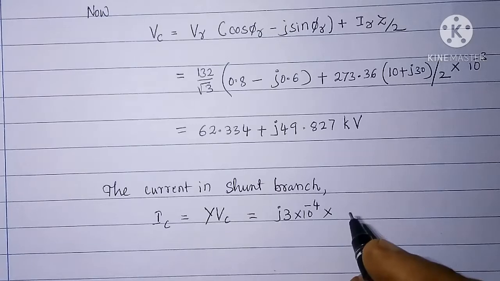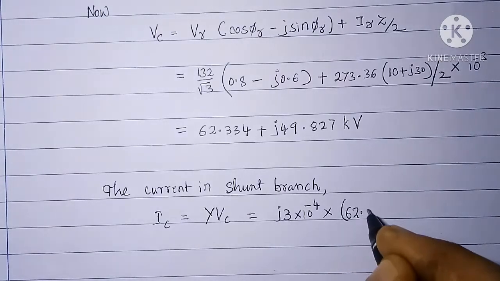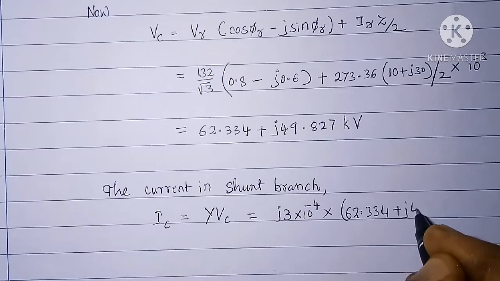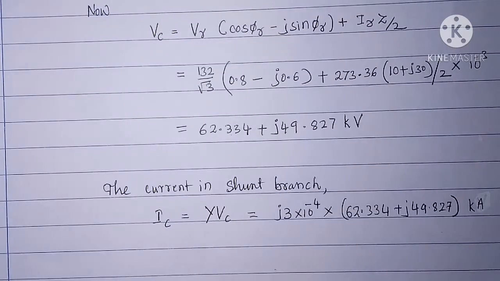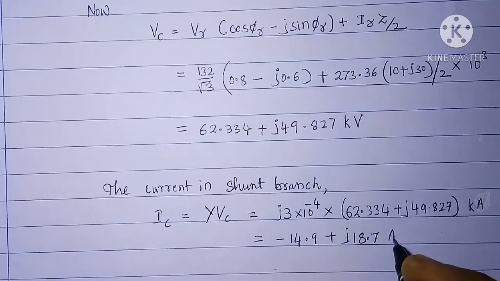Therefore, j3 into 10 raised to minus 4 into the bracket 62.334 plus j49.827 kilo ampere, or it is equal to minus 14.9 plus j18.7 amperes.